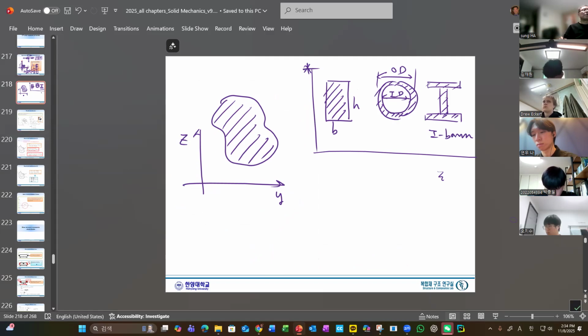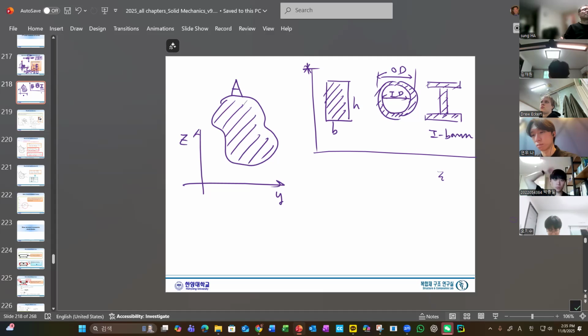Now the point here is, in general, how to represent what kind of property this cross section might have. Well, the first one, which we are very familiar with, is the cross-section A. A is the cross-sectional area.